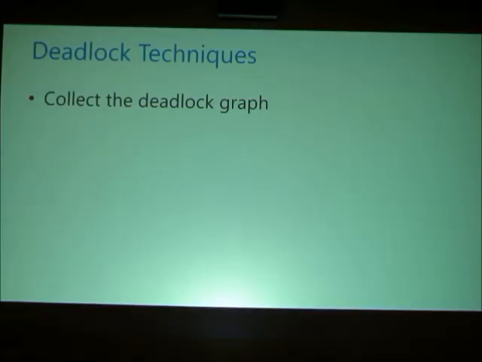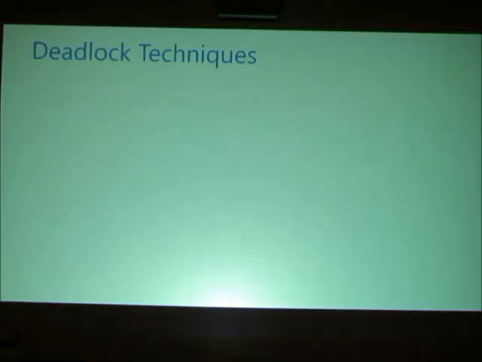Tackling deadlocks is very, very tricky. It's not something that you can debug slowly because deadlock stuff involves a race condition. Right? It's very, very hard to deterministically create a deadlock that happens. So what I find works well is, first, collect the deadlock graph.